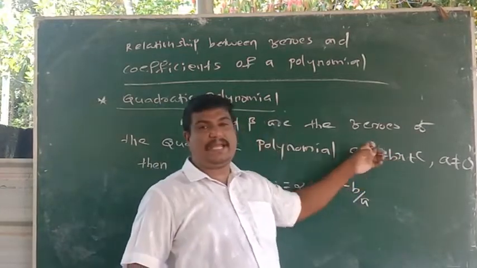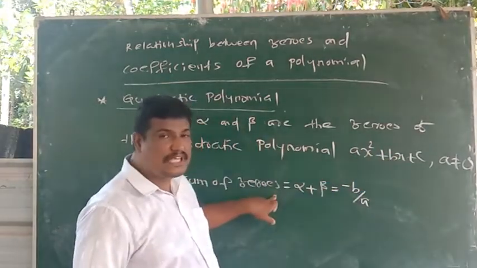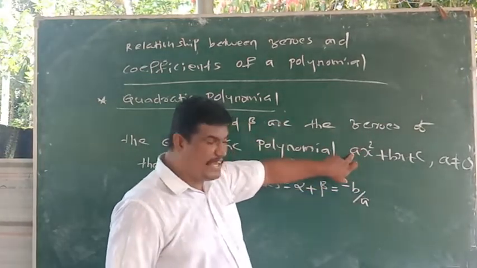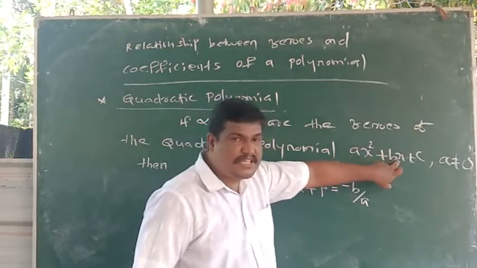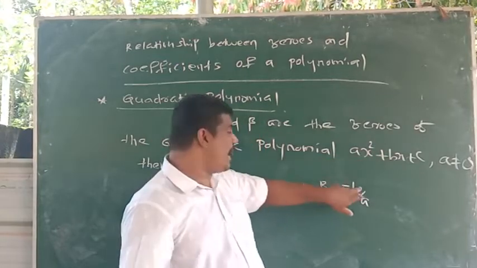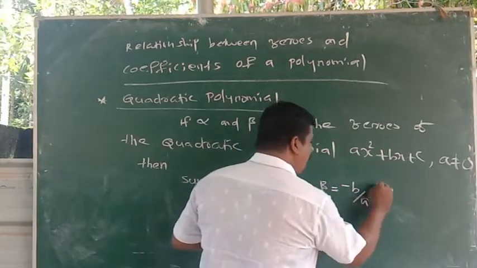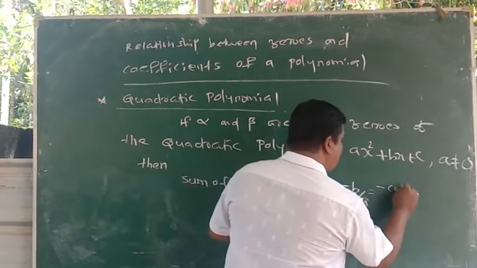The coefficient of x is b, and the coefficient of x square is a.